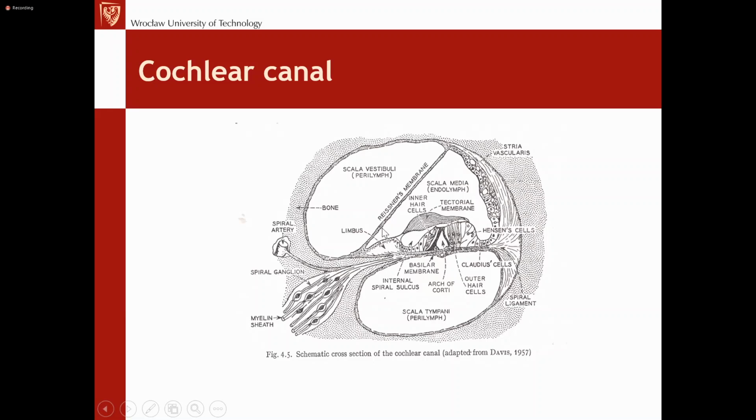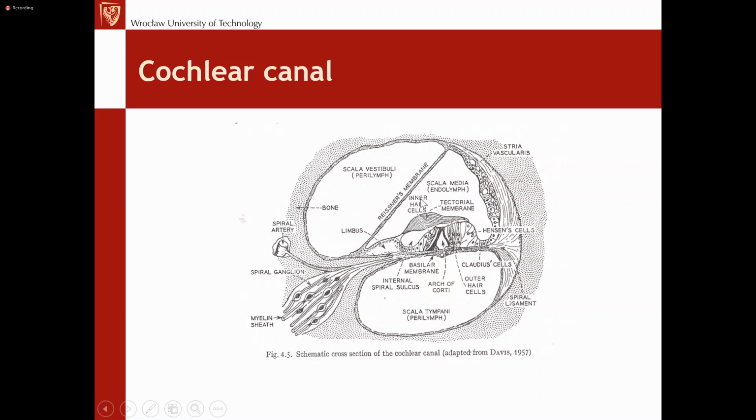And Reisner's membrane is some barrier, some border which divides these two kinds of fluid, perilymph and endolymph.